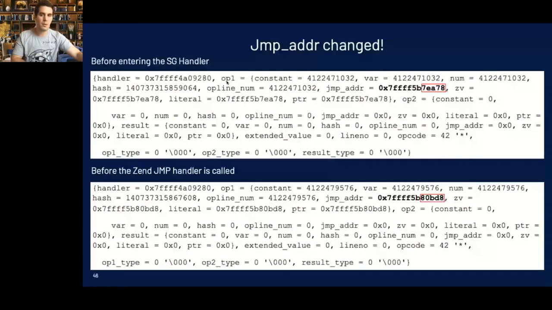And since it's a jump, operand 1 is a jump address. Basically what that means is before the Zend jump handler handled the jump instruction, the address changed, which means that the jump would have gone to a different instruction than what we saw in that output.